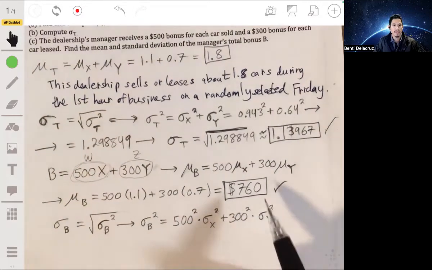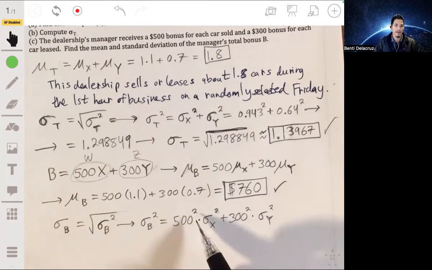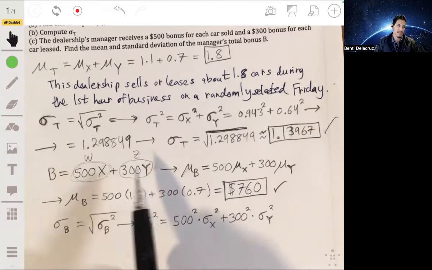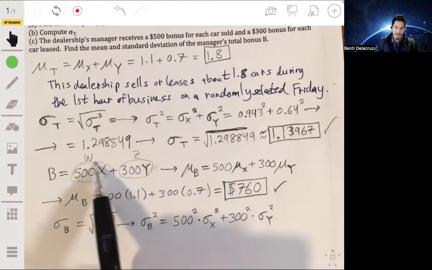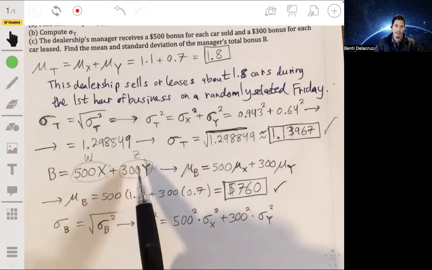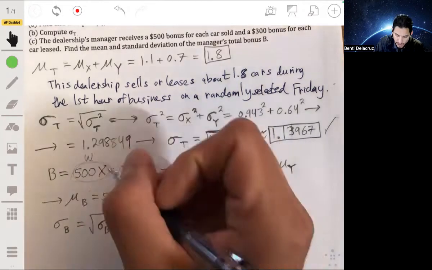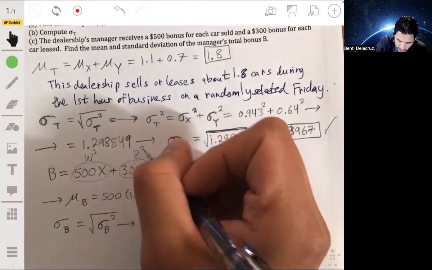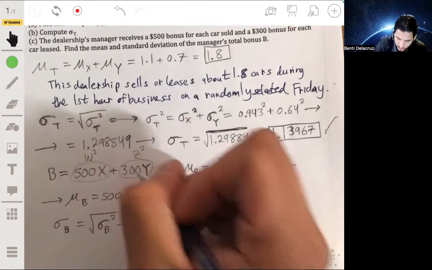The common mistake is to forget to square the 300 and 500. Because again, it's a little hard to wrap your head around this at first. But just think of the 500X being a totally different variable, and the 300Y being another variable. So if you want to square W and square Z, you have to make sure you square the 500 and the 300.